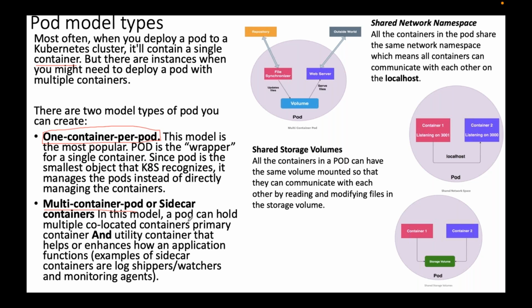Again, will those containers be co-located? If I have a pod with multiple containers, will those containers be co-located? Co-located in the sense, will those containers run on the same node wherever that pod is scheduled? Same node wherever that pod is scheduled, right?